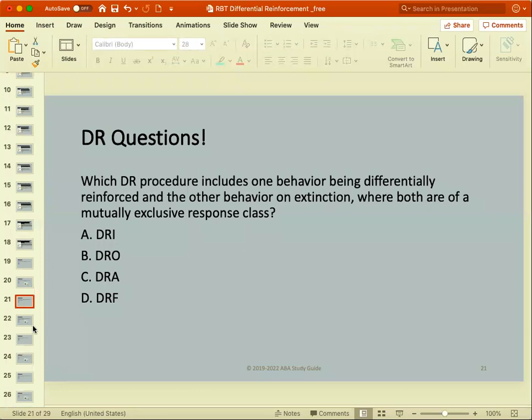Number two, which DR procedure includes one behavior being differentially reinforced and the other behavior on extinction, both of a mutually exclusive response class?